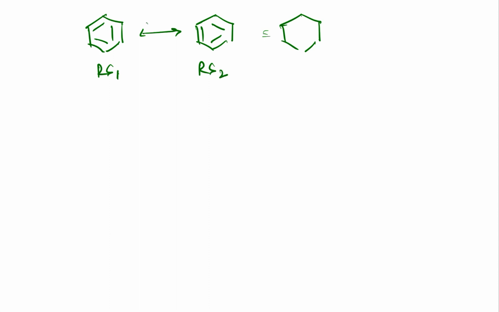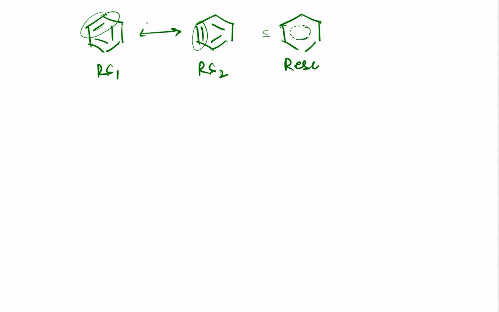Now the difference between them is that the pi bond here is here and here the pi bond is here, not at the same position, but the structures are the same and interconvertible. These are the methods to explain why these two structures exist in the solution. But overall, what structure exists in the solution is called the resonance hybrid.